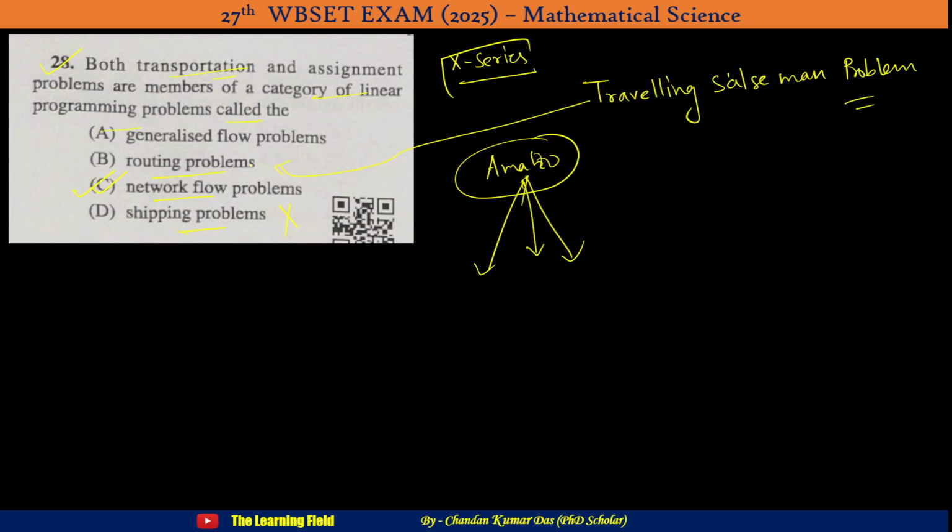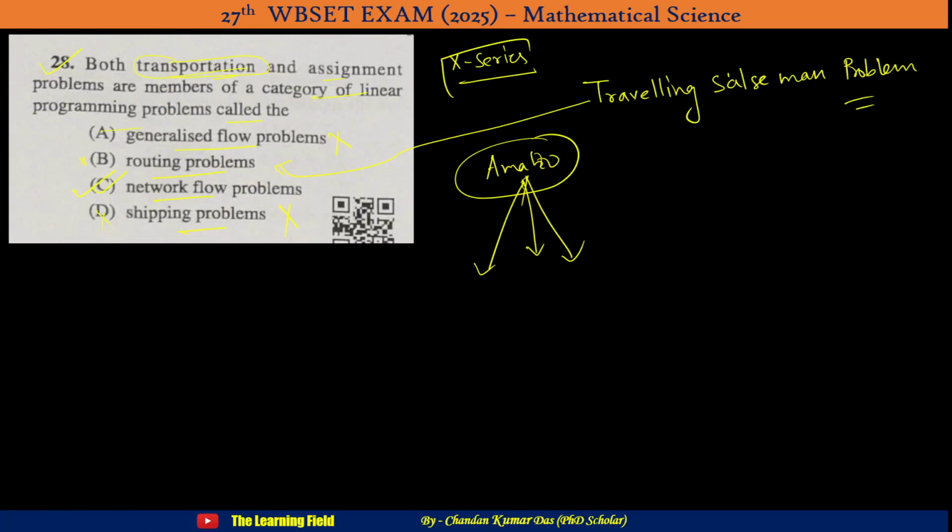Okay, for a single problem, like if the question says only the transportation problem, then option B and D may be right. But here you have to consider the generalized case of the assignment and the transportation problem, and generalized flow problem, no. This is no flow problem, it is a different problem. Okay. So the correct answer is option C, network problem.